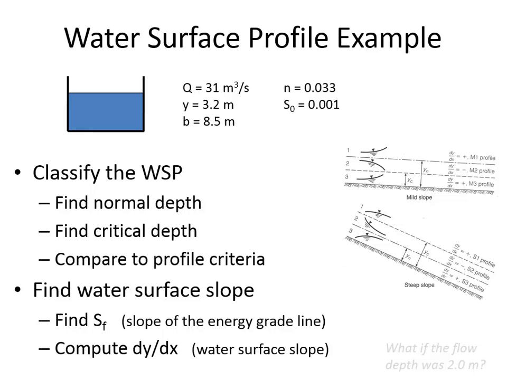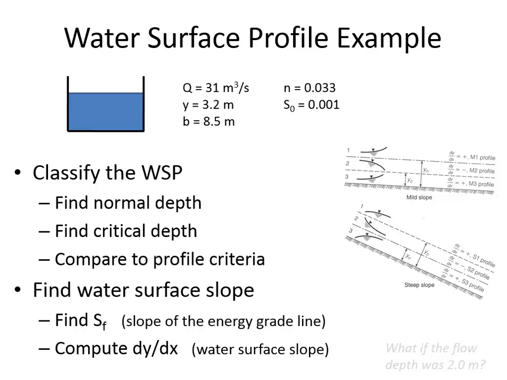The step, first of all, that you need to do is to classify the water surface profile. And so to do that, you need to find the normal depth, the critical depth, and compare it to the depth that's given of 3.2 meters.